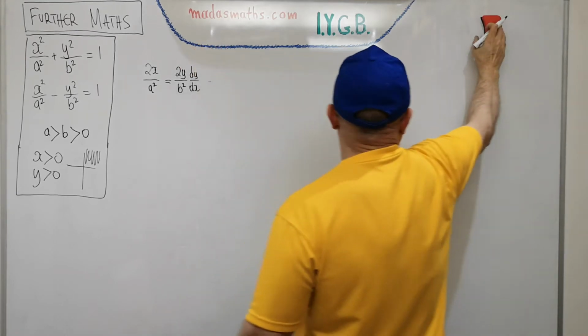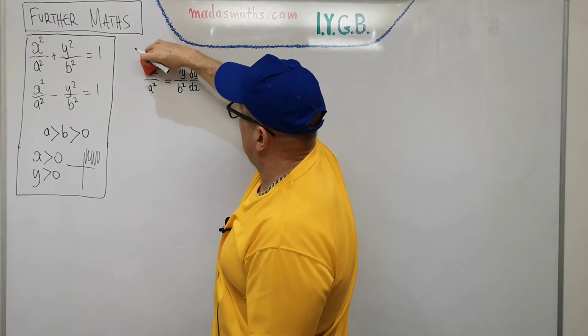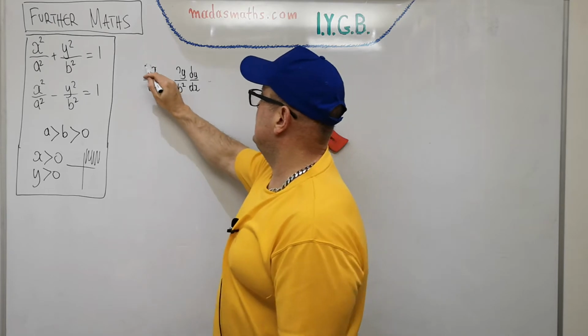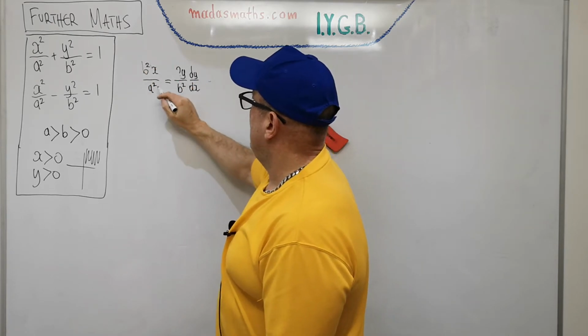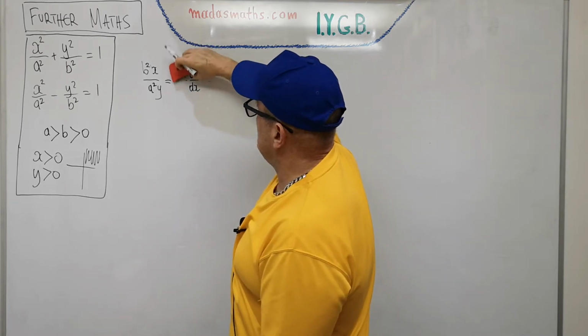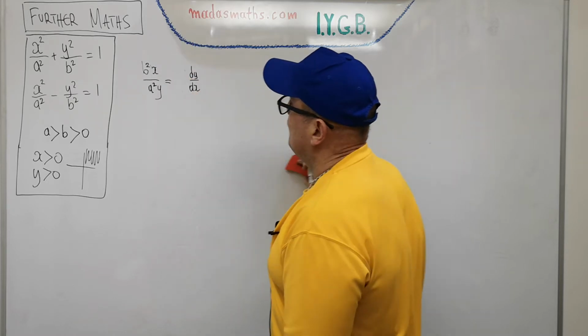Lose the 2 and the 2 from each of these fractions, and then the gradient, quite clearly, dy by dx is going to be b squared x over a squared y, the y coming down. So that's the gradient of the tangent to the hyperbola.